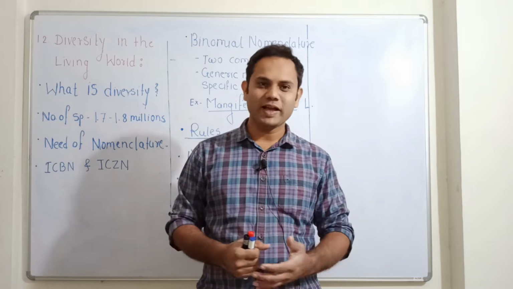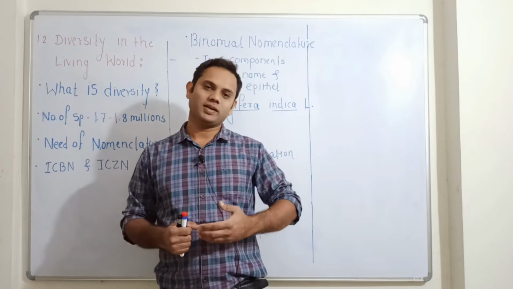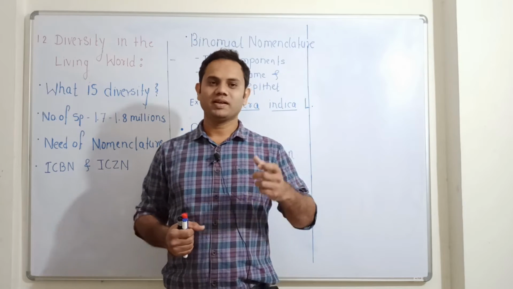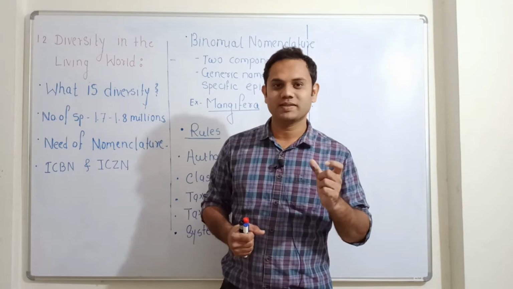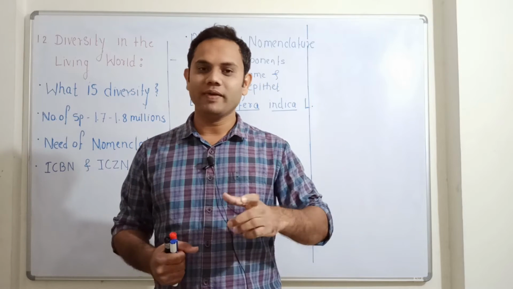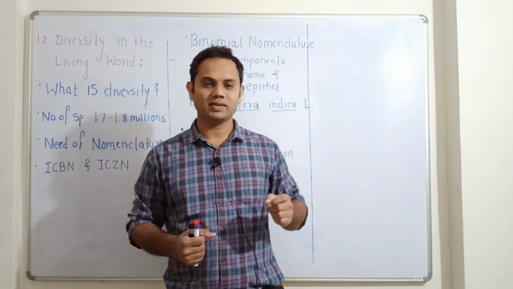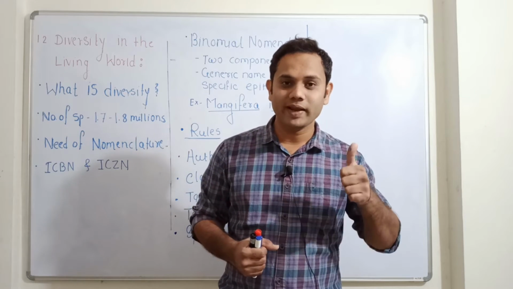But before that, what we have learned in our previous lectures: we started unit number one, diversity in the living world, and in that, chapter number one, the living world.